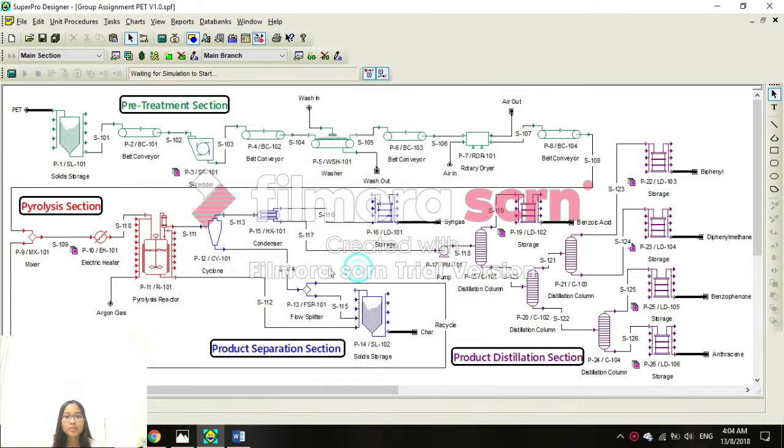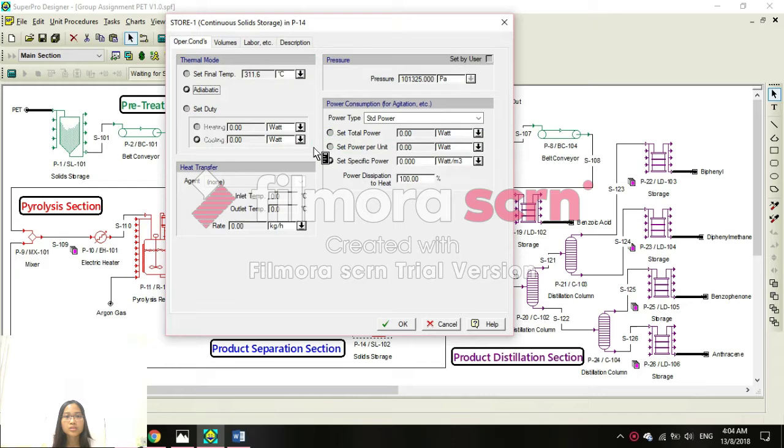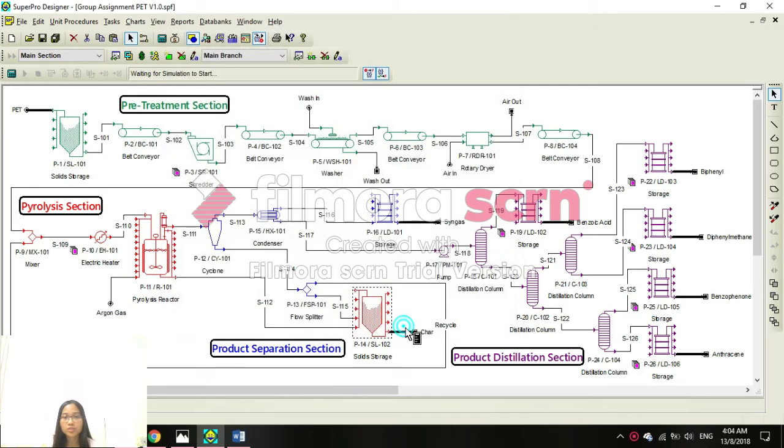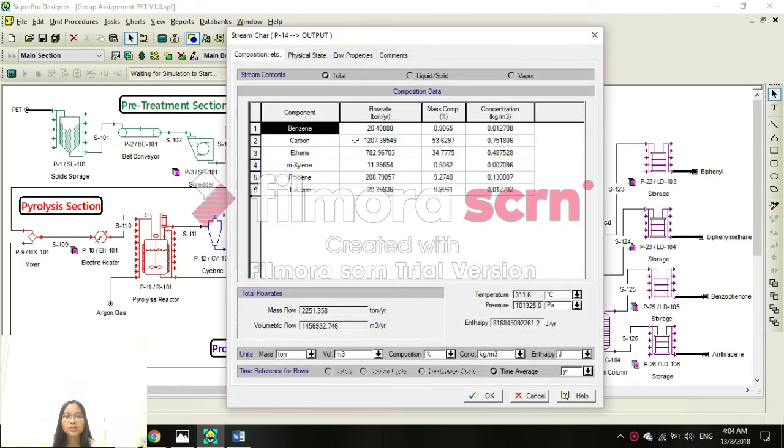The unpyrolyzed PET that is still in solid form is recycled back into the mixer to repeat the process, while the bottom stream of the flow splitter is sent into the solid storage together with the bottom outlet of the pyrolysis reactor, and the thermal mode of this solid storage is set at adiabatic as well. The product of this solid storage is char, which is a carbon.